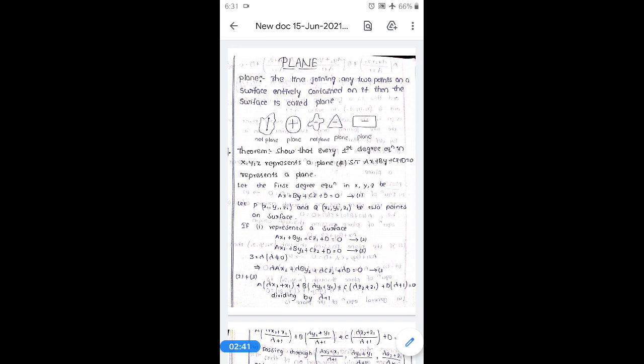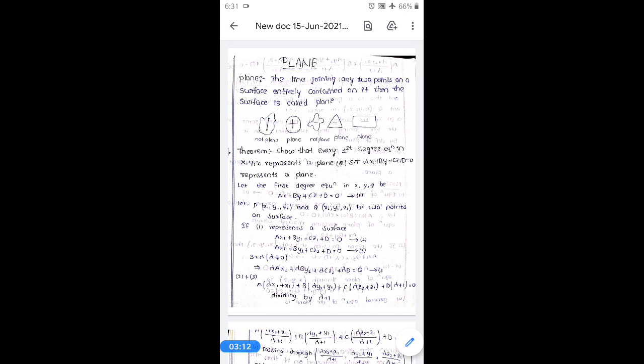Show that every first degree equation in x, y, z represents a plane. What is a first degree equation in x, y, z? Ax plus By plus Cz plus D equal to 0 is a first degree equation in x, y, z, where A, B, C are coefficients of x, y, z and D is a constant term.